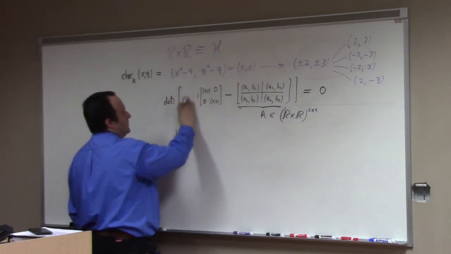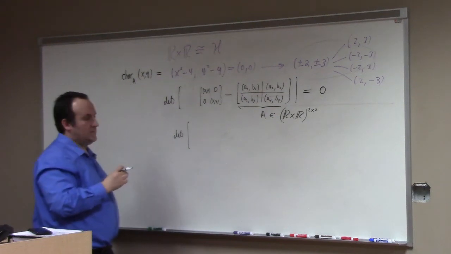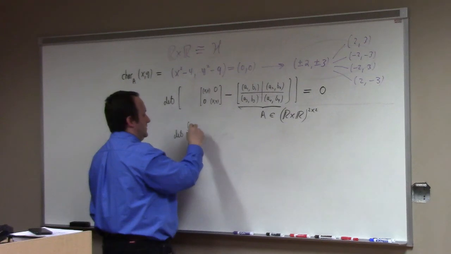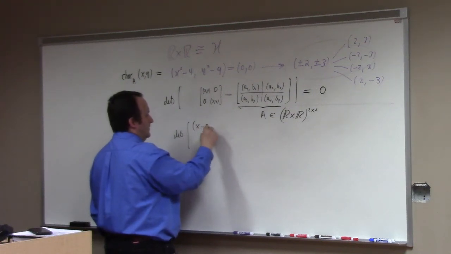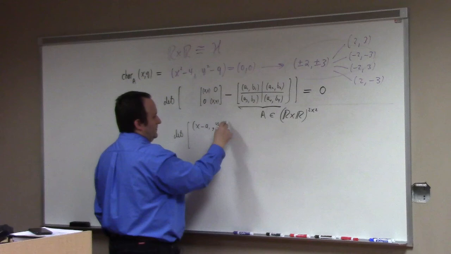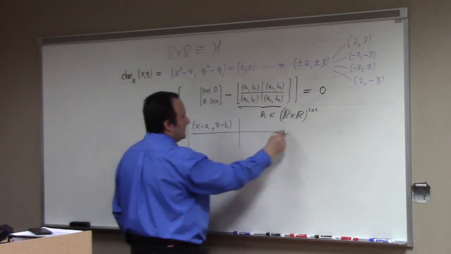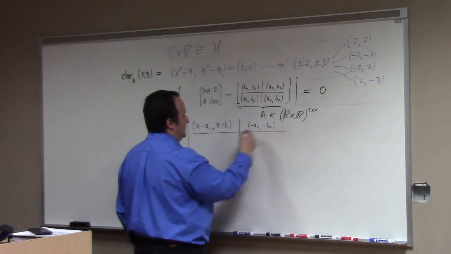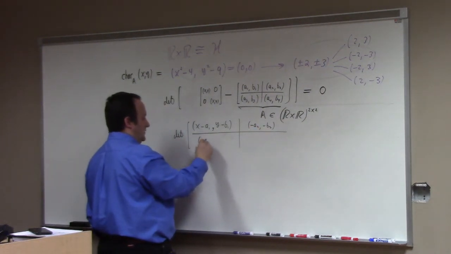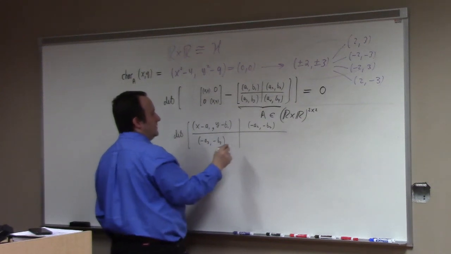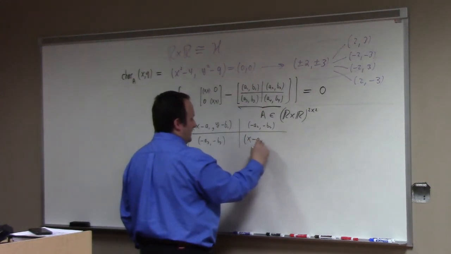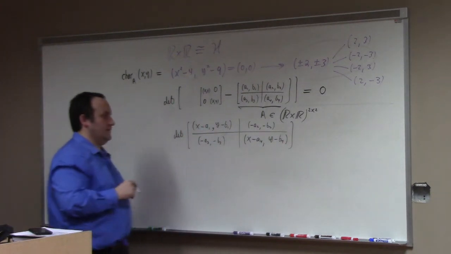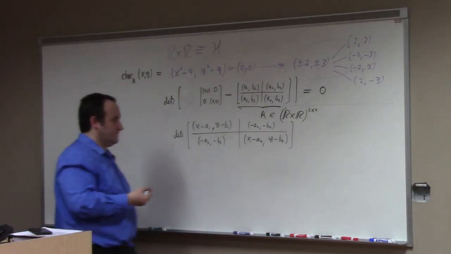Okay, so then I take that difference, I get x minus a1, comma, y minus b1, minus a2, minus b2, minus a3, minus b3, x minus a4, y minus b4. Take the determinant, what's that give us?